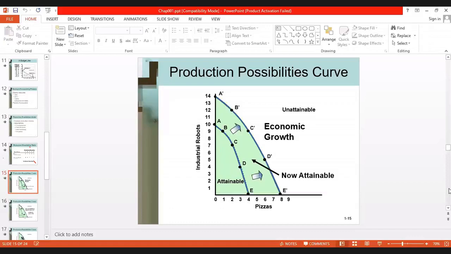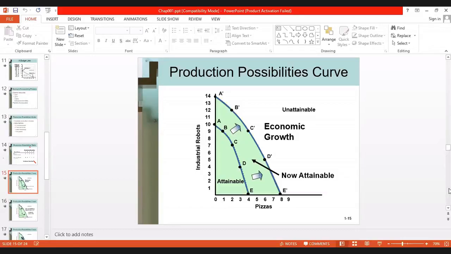But in the individual economic problem, we saw that the constraint is a straight line because of income and given prices. So we have that budget line, a straight line. But here you can see it is not a straight line. This is a curve.